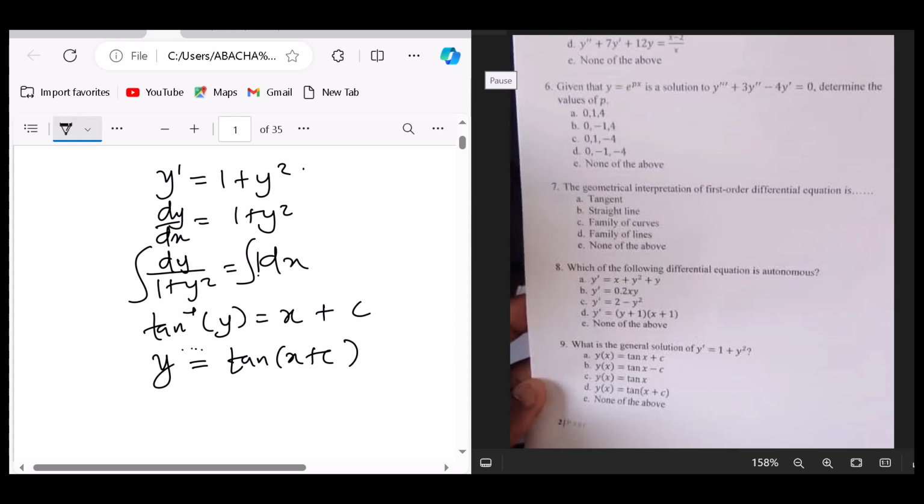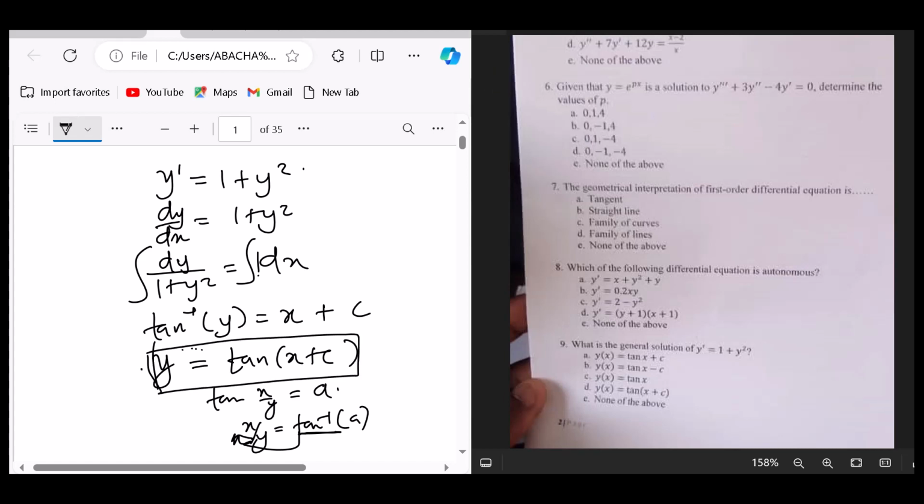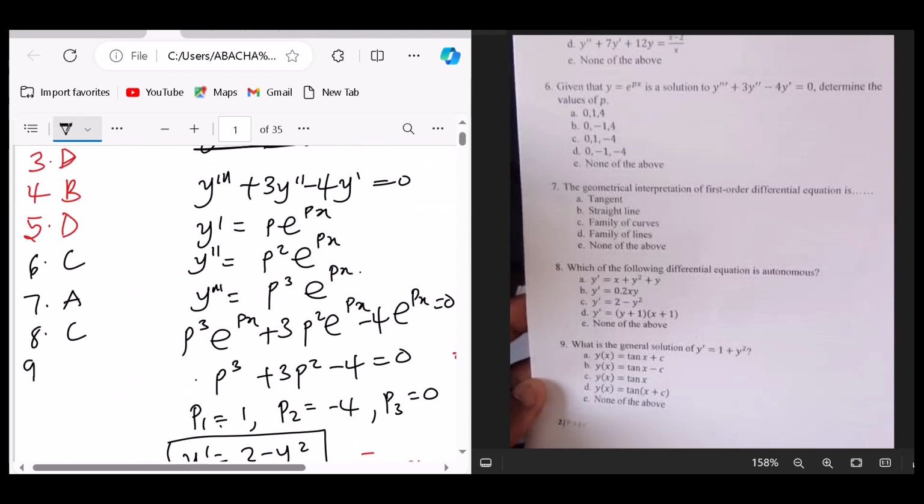So obviously the answer there will just be D. Because if this is tan inverse, that means if let's say you have tan of x over y equals something, maybe a, you can say that x over y is equal to tan inverse of a. So it means if this is tan inverse, then we can send the tan back like this. Okay, and so the answer there will be this one, and that is D. So 9, the answer is D.